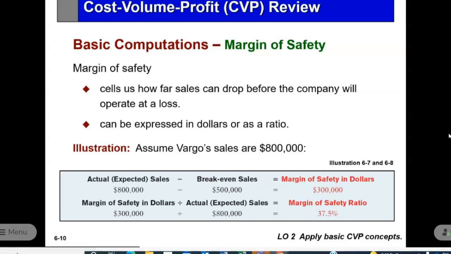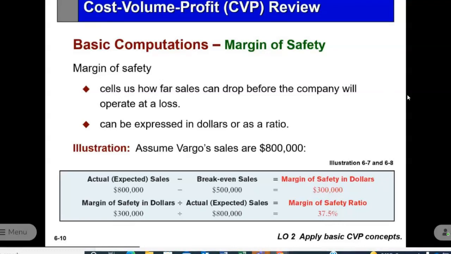And you notice when you go through the malls, those companies that had a low margin of safety, because they're no longer there, they're boarded up. When the economy drops a certain percentage, sales and all business drops by that much. And for this company, it has to drop 37.5%.